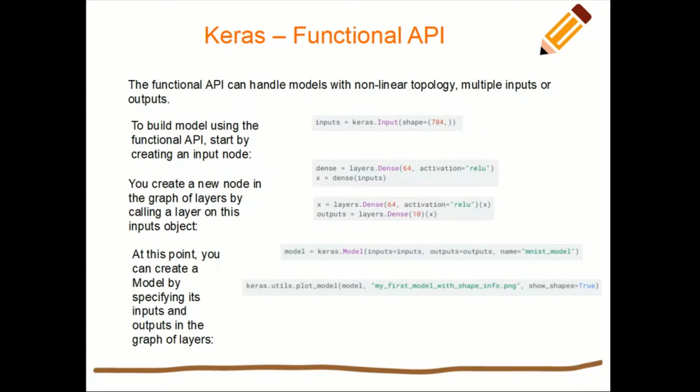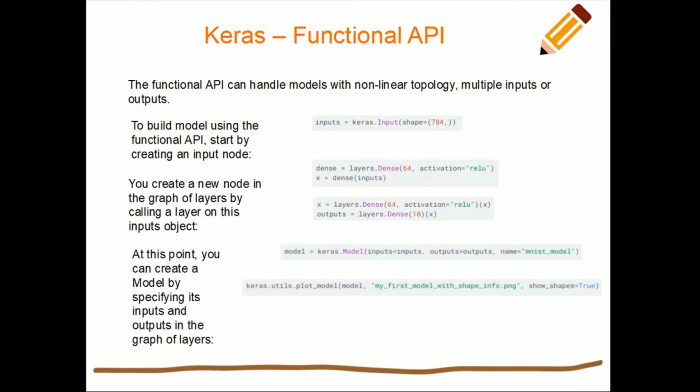Like we can have multiple inputs processed by separate stacks of layers, and then we might have to merge those two outputs, etc. So if you have to build an arbitrary graph, then that is the case where we have to use the Keras functional API.